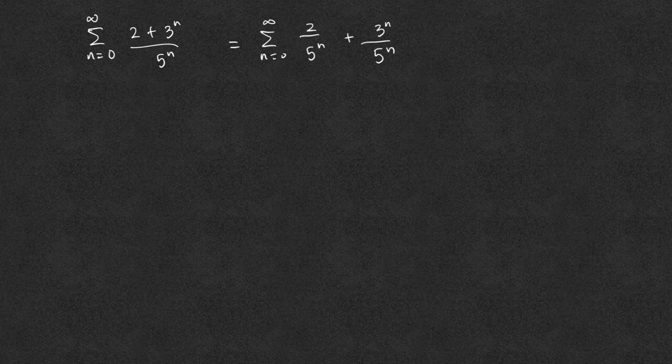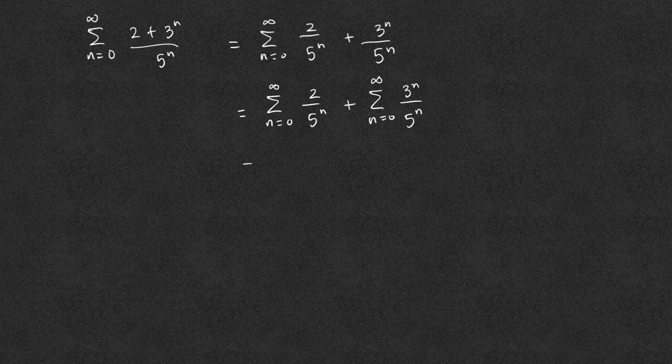Since series have linearity properties, we can separate the sum into two sums. 2 over 5 to the n is one sum, and the other sum is n going from 0 to infinity of 3 to the n over 5 to the n.